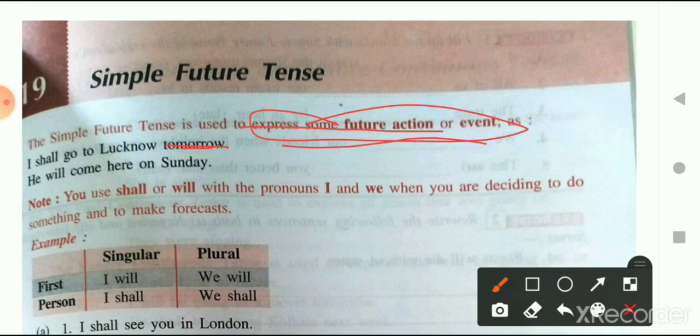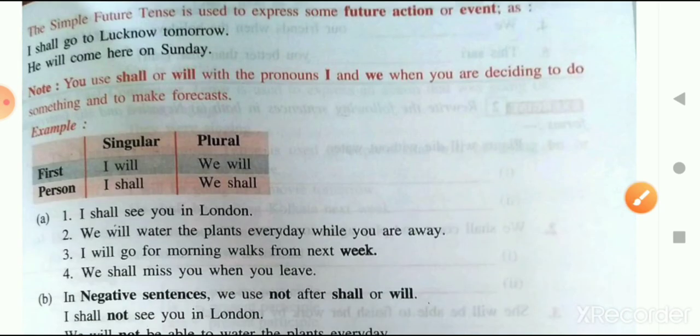Now here there is a note written: you use shall or will with the pronouns I and we when you are deciding to do something and to make a forecast. Forecast means if you are making a prediction, then with I and we, the first person pronouns, you will use shall or will.